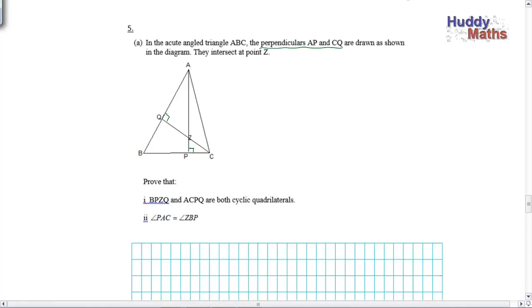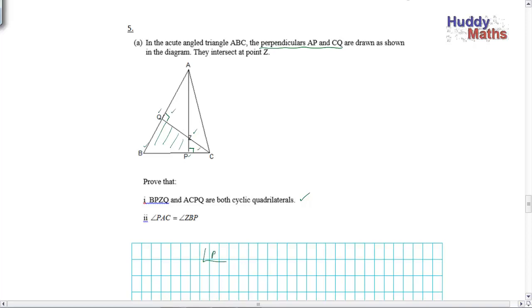All right, so let's look at the first one, BPZQ. That's this one here, that little quadrilateral, we have to show is cyclic. Well, it's not subtending any angles, there's nothing like that, so we'll probably go for opposite angles, and I think you've got it.